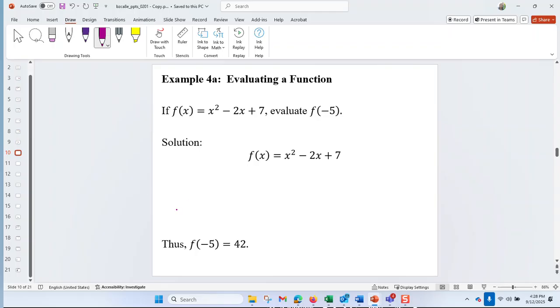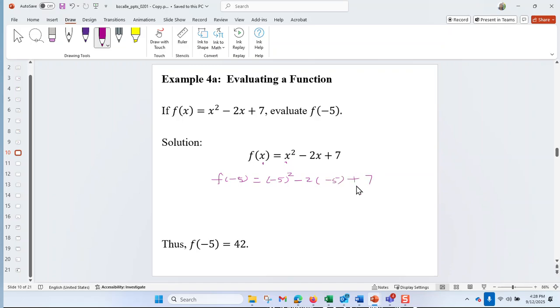Well, I can just write down my f of -5. Remember, replace x by -5. So this is going to be (-5) squared. Since -5 is the x value, you have to have a parenthesis. And then minus 2 times the x, and x is -5, plus 7.